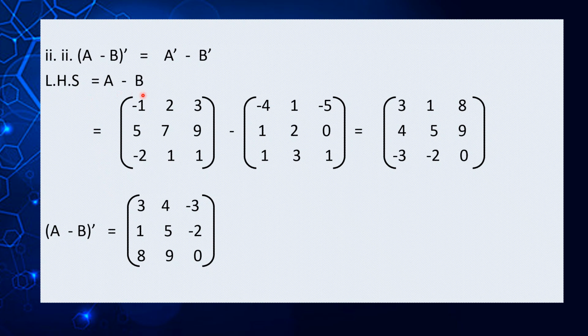And since we have got the A minus B matrix, we will find the transpose of that. A minus B the whole transpose would be 3 4 minus 3 1 5 minus 2 8 9 0.